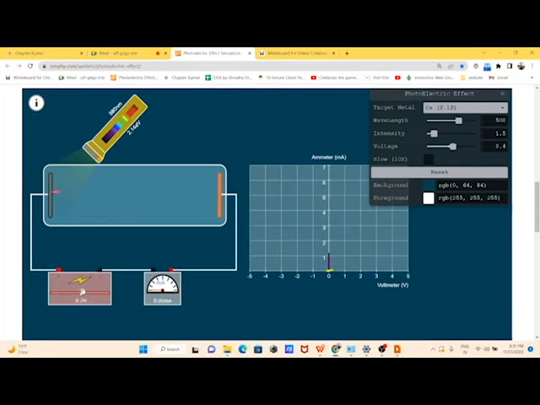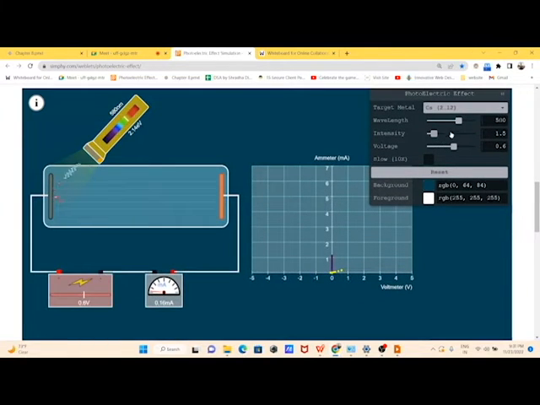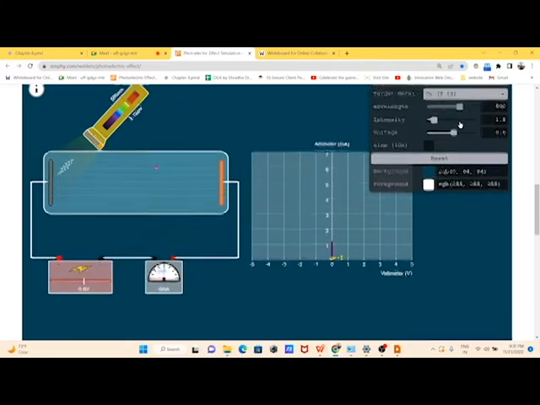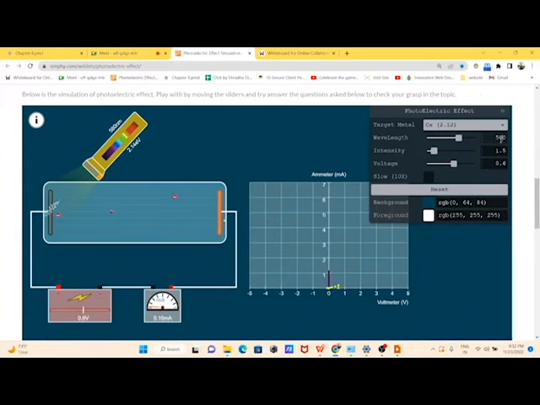Now let me increase some voltage also. Can you see there are some electrons coming out? At 570 we are getting them. 580, can we write 580? Yes, 580 also we are getting. But for 590 we are not getting electrons.